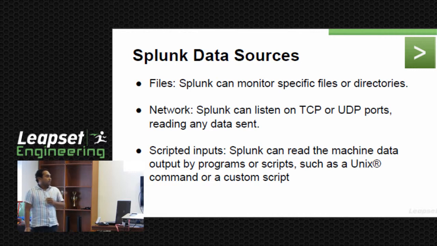If we are unable to add a forwarder, we can directly use a TCP or UDP port and send the data to the Splunk server using that port, such as by adding a Log4j adapter. Using those kinds of mechanisms, we can send data to the Splunk server.